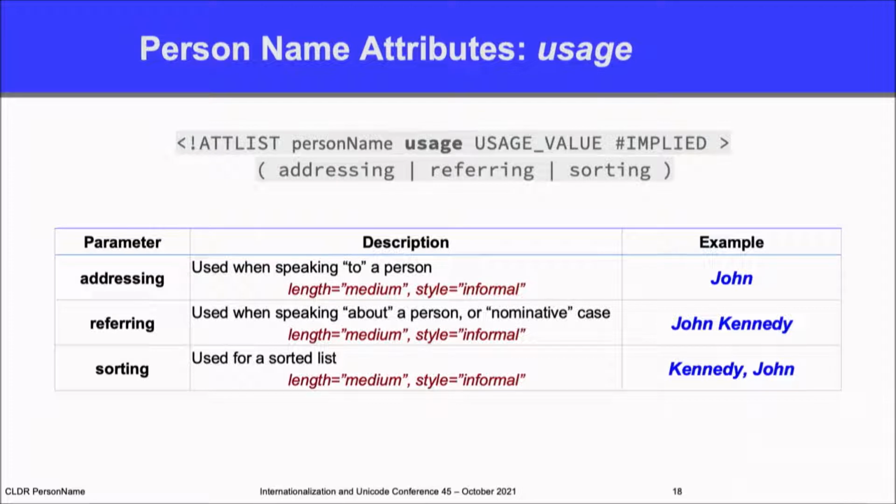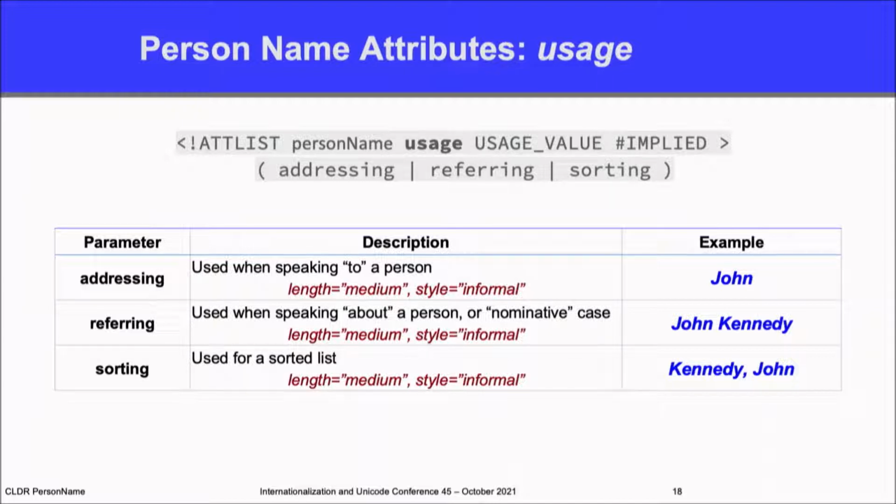The next attribute is usage, and with usage we have the concept of addressing, where I am talking to a person, and referring, where I'm talking about a person. Before we had the terms vocative and nominative, but we thought it'd be more user-friendly to use very clearly: I'm addressing a person, I'm referring to a person, or I'm sorting a list of names.